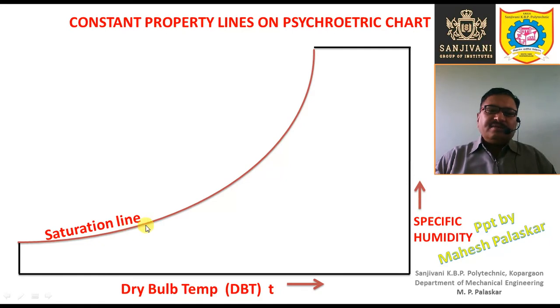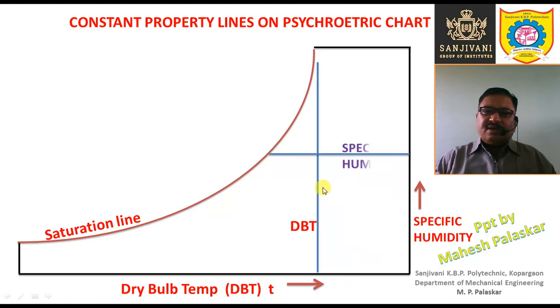On this curve, the condition of the moist air is saturated, or the relative humidity is 100%. Now, since dry bulb temperature is plotted on the horizontal axis, this vertical line represents constant dry bulb temperature. So all the vertical lines represent constant dry bulb temperature, right? Then the horizontal lines represent constant specific humidity.